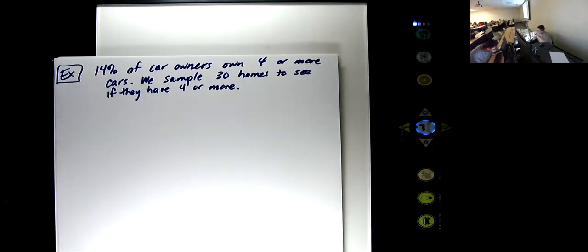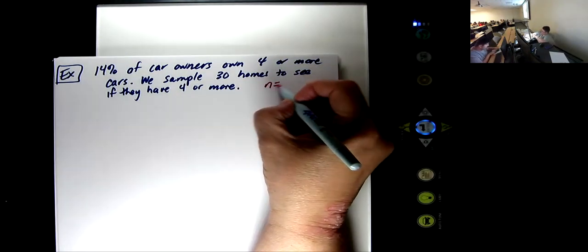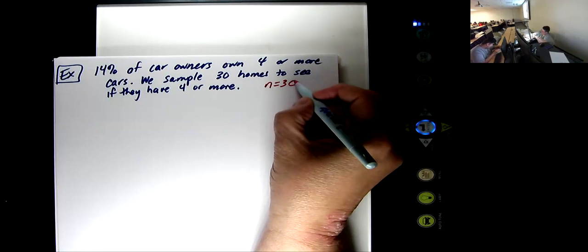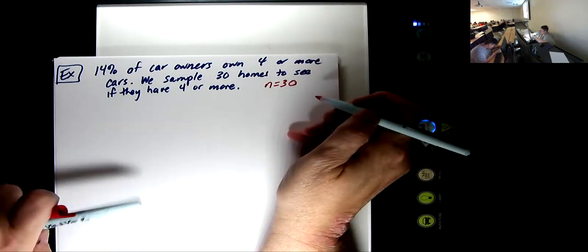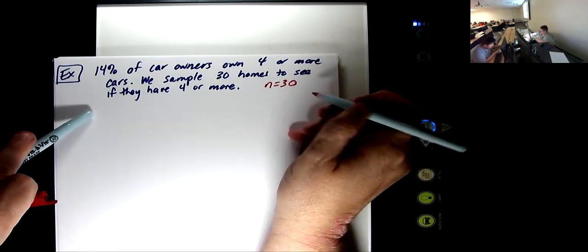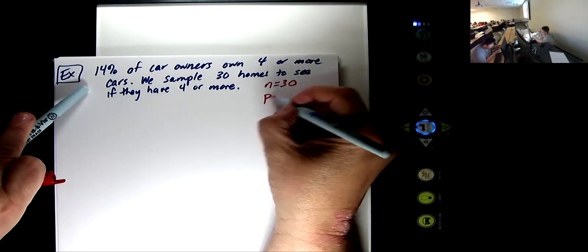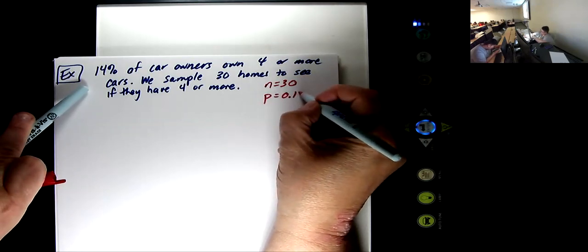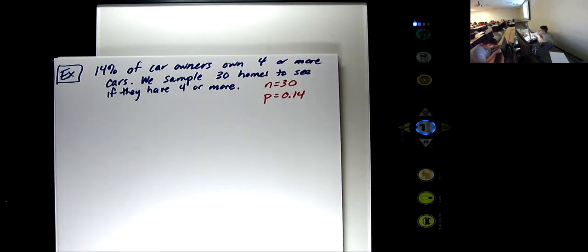So I'm checking 30 houses. There's only 30 houses. N is going to be 30. That means there's a fixed number of trials. The probability that the house has 4 or more cars is 14%. So P is 0.14. The probability is fixed. The houses should be independent.